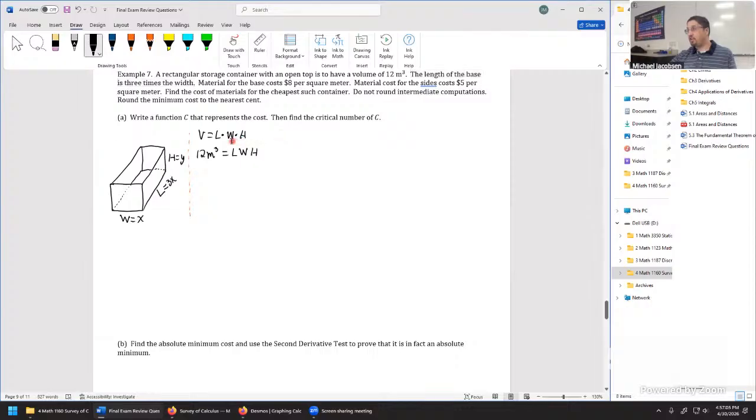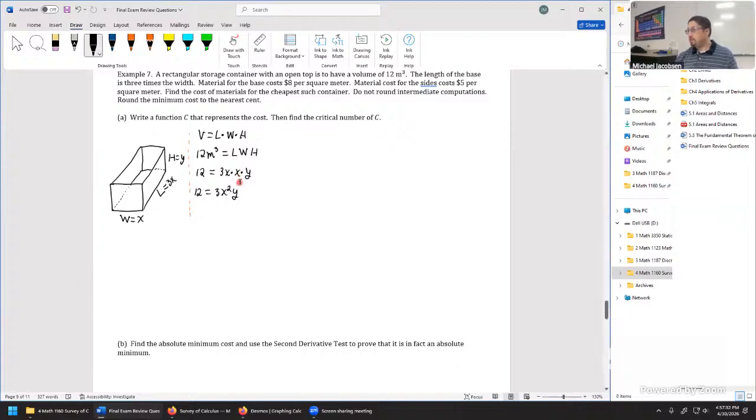Now, if we go back to the volume equation, I'll drop the unit for the moment so we can focus more on the algebra. This is saying 12 is equal to length, that's a 3x, times width, that's x as well, times height, here's the variable y. So that means 12 is equal to 3x squared y.